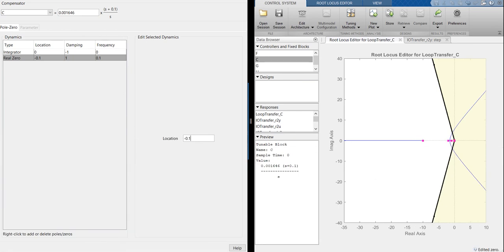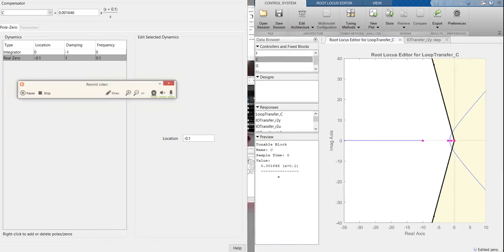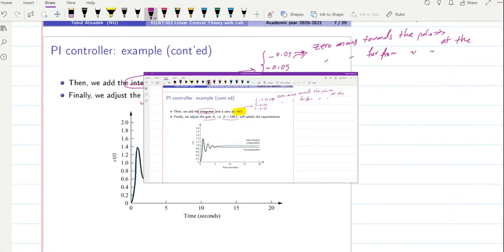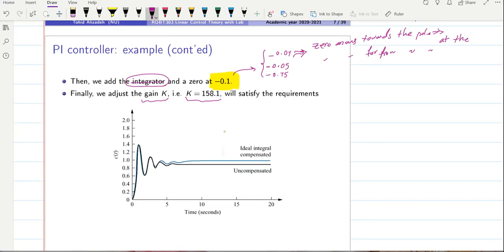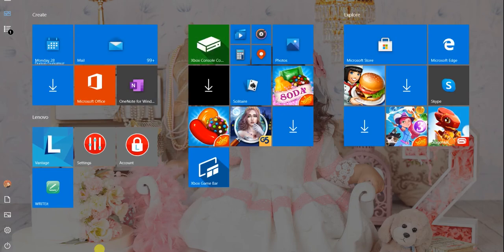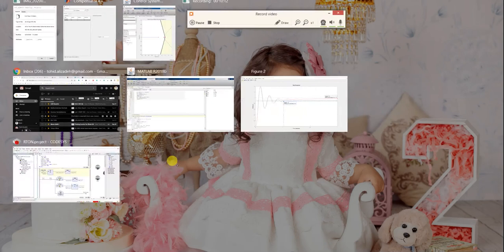And now, if you pay attention, over here you can see that the root locus now looks kind of similar to the original case. And over here we need to set the gain, let me just get the exact value that I already have determined. 158.1.